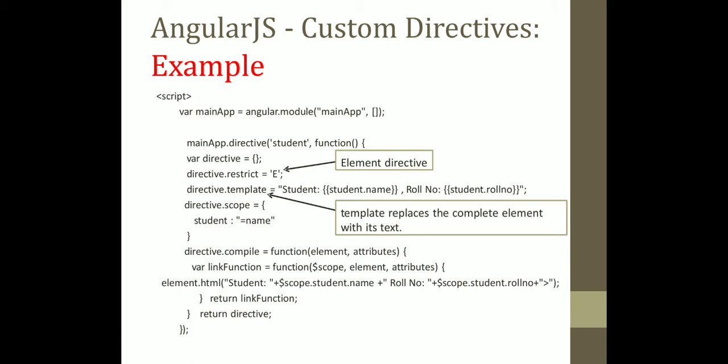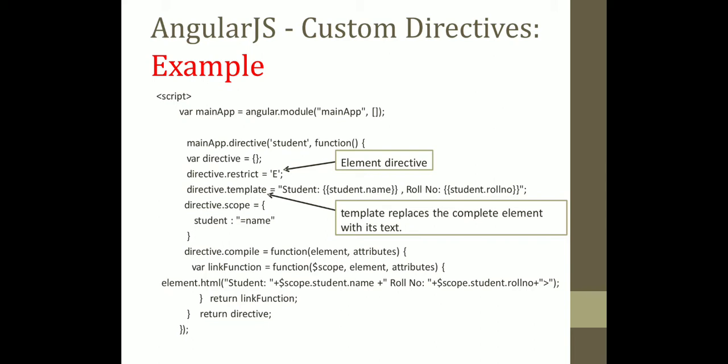How that scope is used, we can see like student plus $scope.student.name, so scope is linked here, plus roll number, and how that roll number is displayed or fetched with plus $scope.student.rollno plus. So this will link each element with scope for getting the element-specific data.